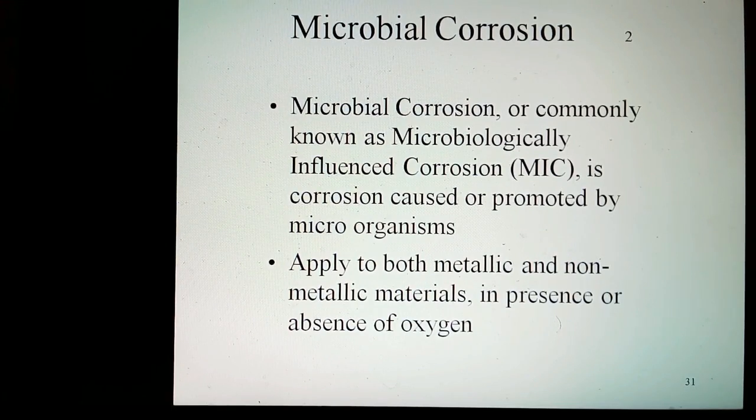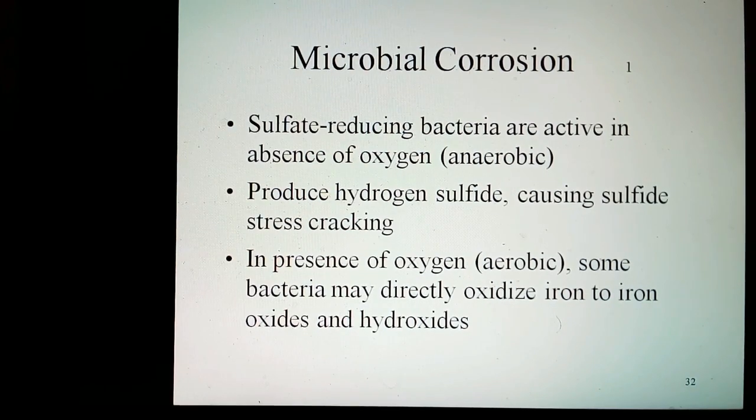Microbial corrosion. Microbial corrosion, commonly known as microbiologically influenced corrosion or MIC, is corrosion caused or promoted by microorganisms, usually chemoautotrophs. It can apply to both metallic and non-metallic materials, in the presence or absence of oxygen. Sulfate-reducing bacteria are active in the absence of oxygen and anaerobically produce hydrogen sulfide, causing sulfide stress cracking.